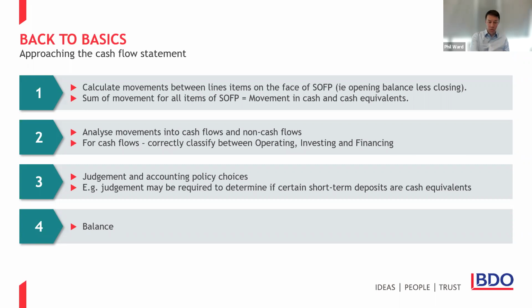Where you are making judgments or accounting policy decisions in relation to your cash flow statement, it's really important that they're included in the notes of the financial statements. So we very rarely see accounting policies on cash flow statements, but it is really good practice to have accounting policies in that area. For example, why you classify certain balances as investing as opposed to operating, those sorts of things need to be noted in the accounts.